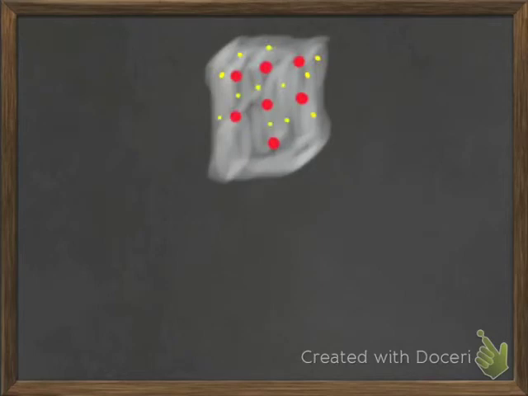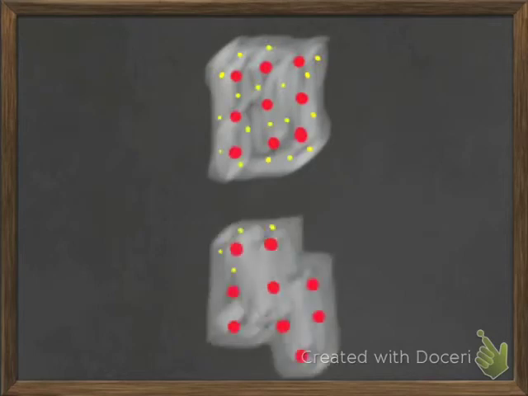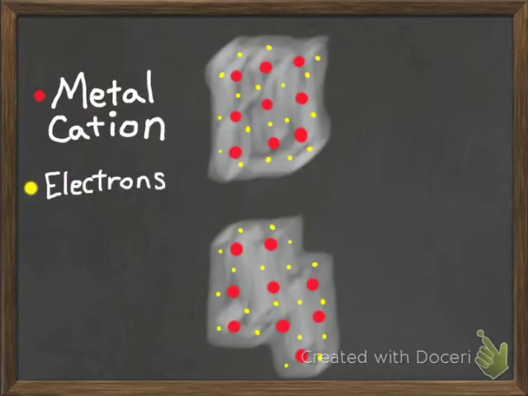Now we can also explain the malleability and the ductility of metals by the sea of electrons model. When we apply a force to a metal, what actually happens is it bends. It doesn't break, it usually bends.